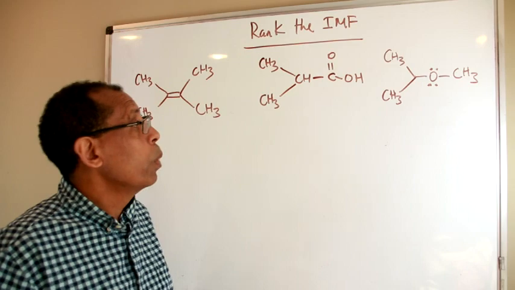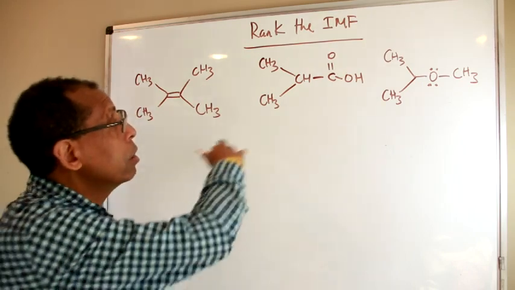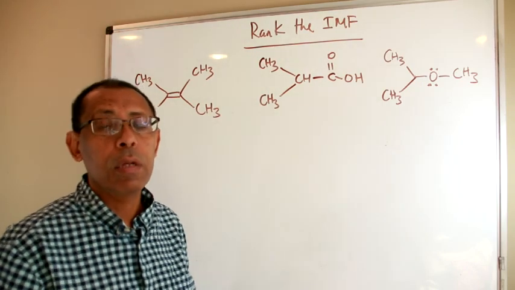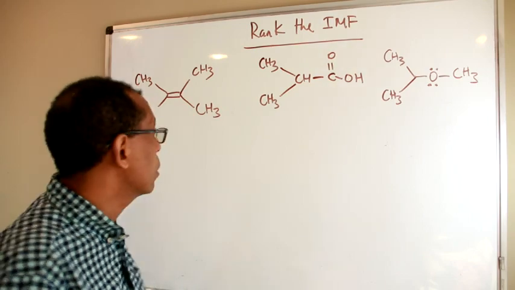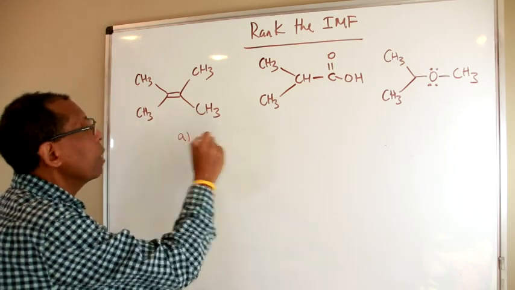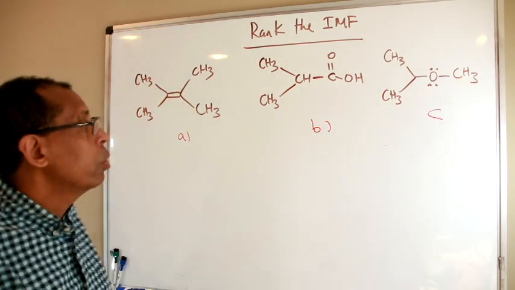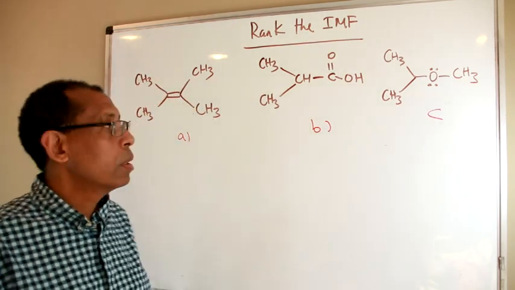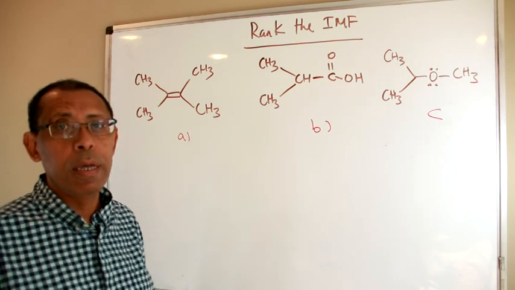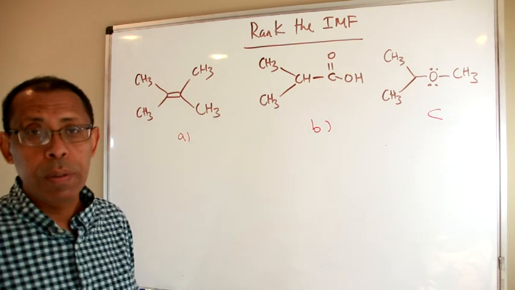In this problem, we are asked to rank them according to the strength of the intermolecular forces between compounds A, B, and C. Now, we should first identify what intermolecular forces possibly exist in these compounds.